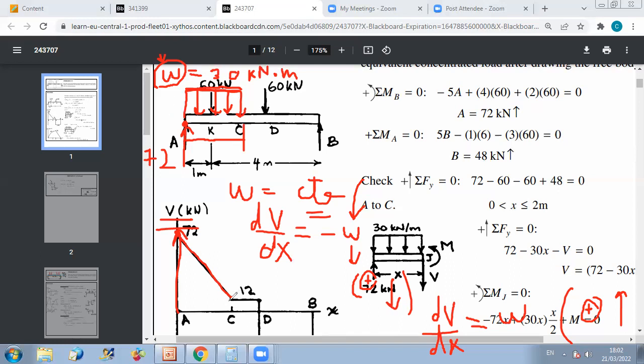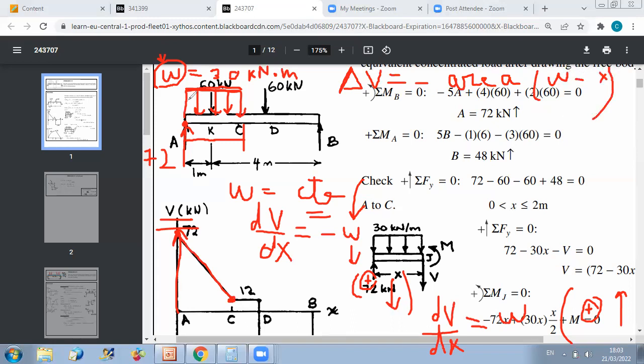Now to know the amount of decrease, we can use the concept that the variation delta V between 2 points is equal to minus the area between the omega curve and the axis of the beam x.